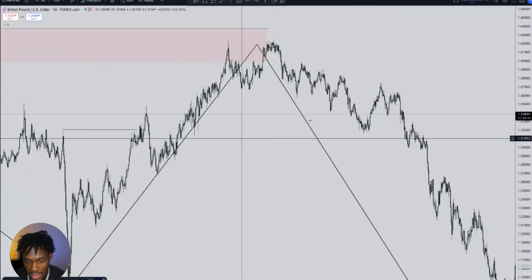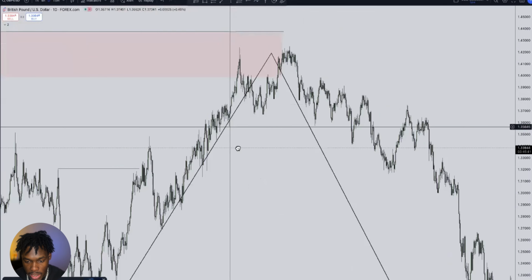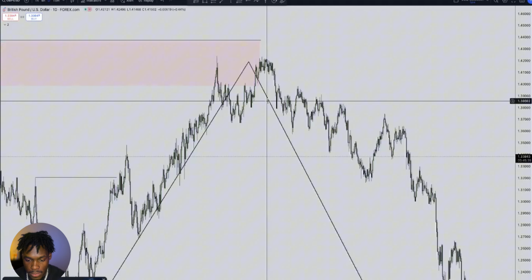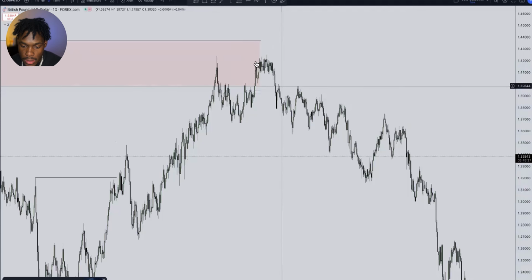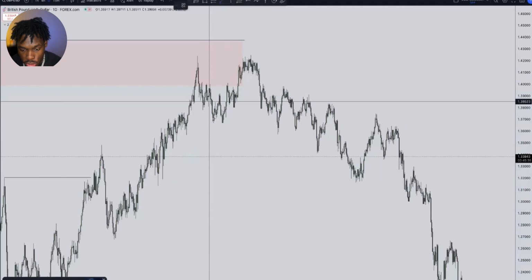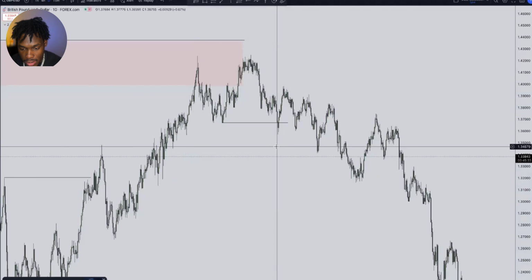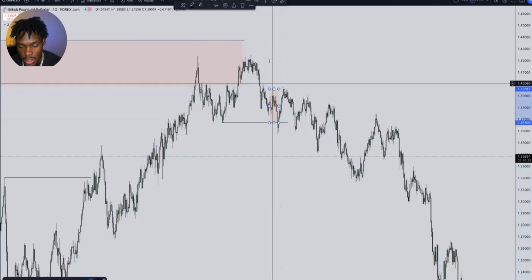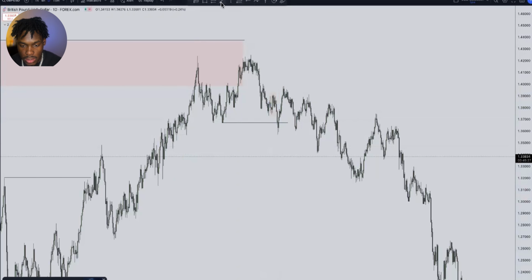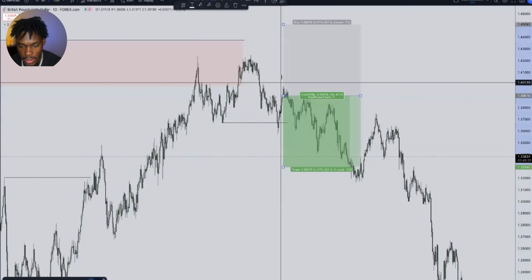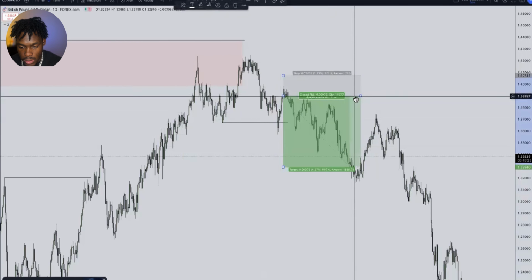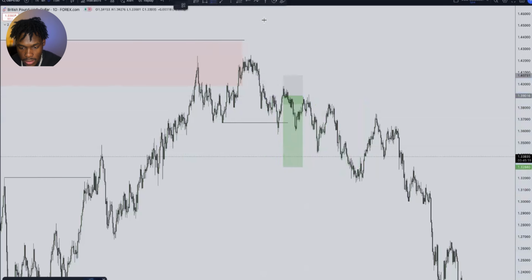Once the same thing over here, once we break the first level of demand or supply or structure right here, we look for an entry and we can say the same. We can enter all down the road here if we wanted to. It's a bunch of entries here, but we can enter here.